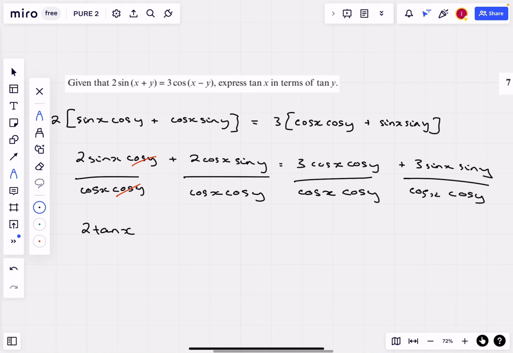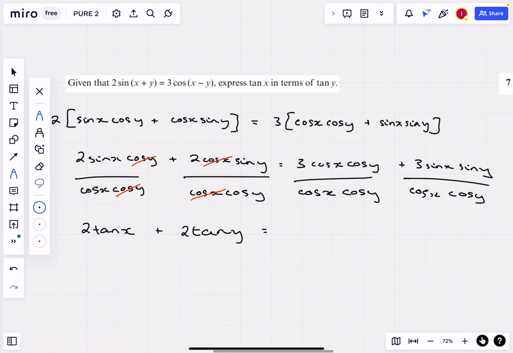Okay, with the second one, we've got cos x on both the top and the bottom. Our sine y over cos y produces 2 tan y. Do you see how by dividing by cos x cos y, we're eliminating the cosines and we're producing tans?